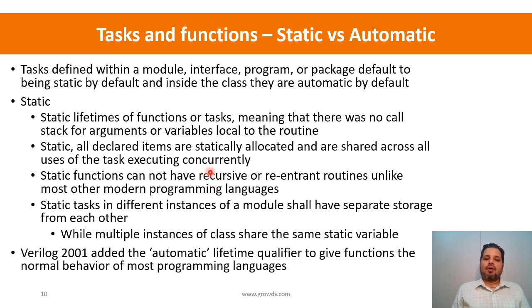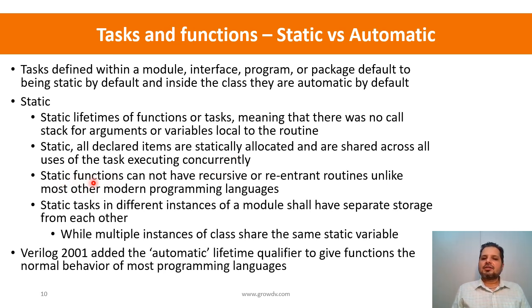You have to understand that I can put a for loop, I can fork, and inside that I could be calling a task multiple times, right? If I do that, in a static task there's a common set of arguments that gets used, and even the local variables I have declared have a common copy that gets used across the multiple instances of tasks that I'm calling.